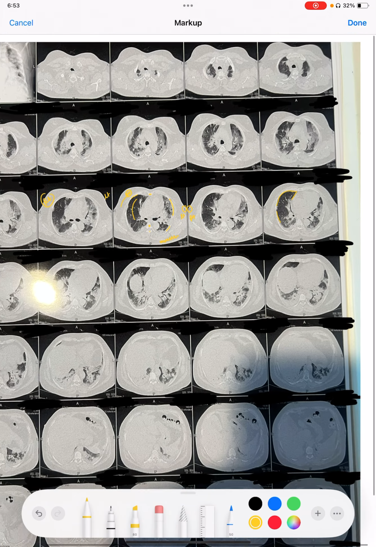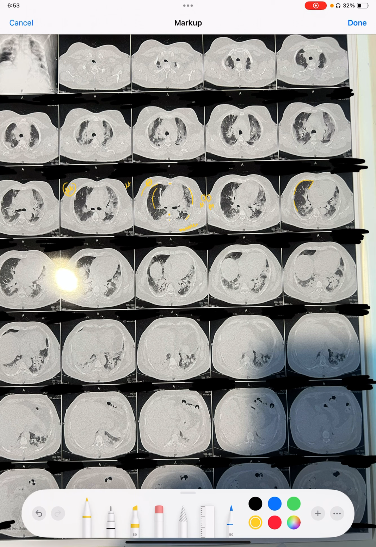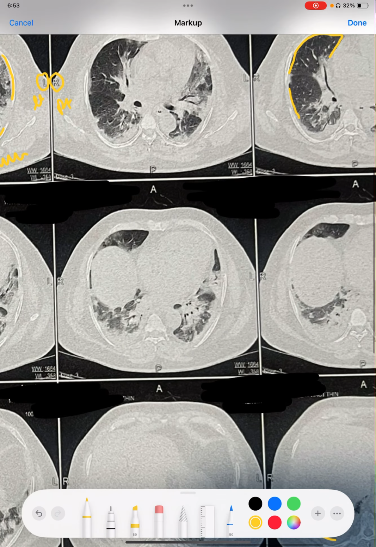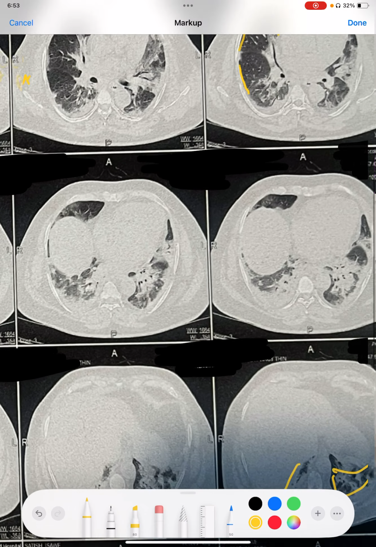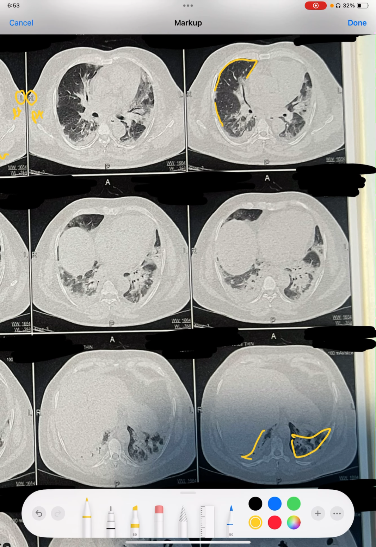So in here, what we can see, starting from here, as this is the right lung, this is the left lung. So up to here, where the lungs end, we can see there are so many white patches or radio opaque patches in the lung parenchyma.